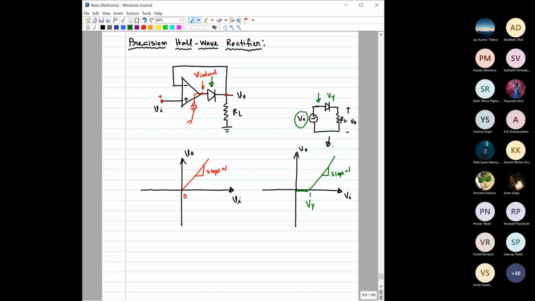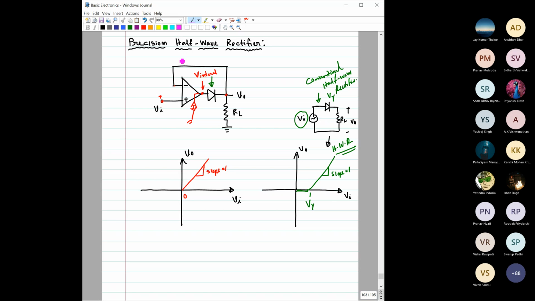This is for the conventional half wave rectifier, right? But for the precision rectifier, even if the amplitude is smaller than this V gamma, you should be able to rectify that signal, right? Okay.